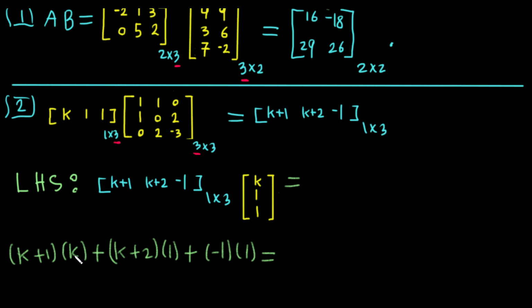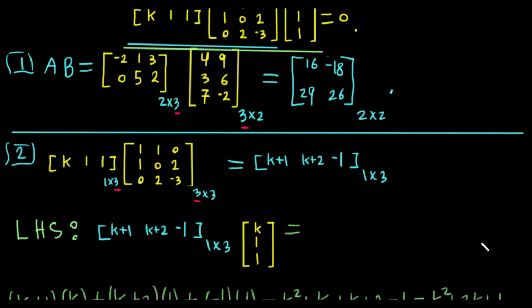So k multiplied by k is k squared, 1 multiplied by k is k, k plus 2 multiplied by 1 gives k plus 2, negative 1 multiplied by 1 is negative 1. Here we have only k squared, then k plus k, which is 2k, and 2 minus 1, which is 1. So the left-hand side is k squared plus 2k plus 1.